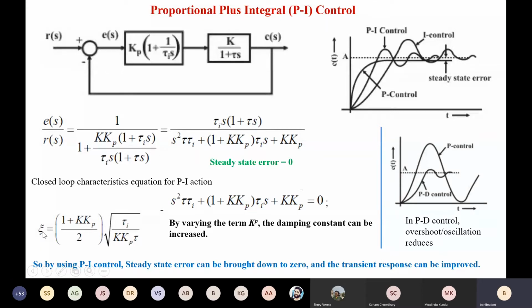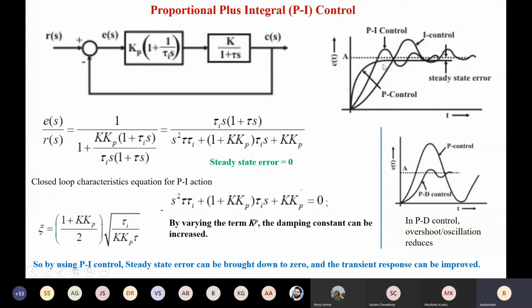Fine. If you want to increase the zeta value, increase means not beyond 1. Obviously, it will be an underdamped system, with the value between 0 and 1. But if it was initially 0.1, then we will try to make it 0.3, 0.5 like this. We can easily do that by adjusting the Kp and tau I values, which are the parameters of this controller.